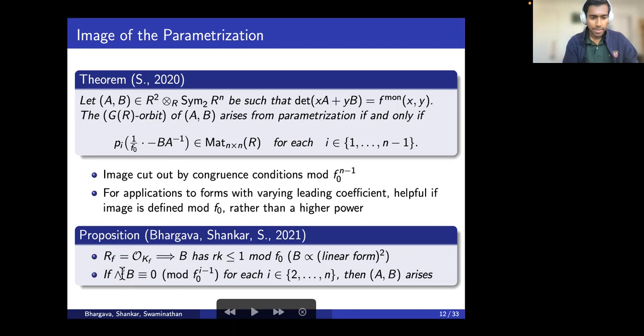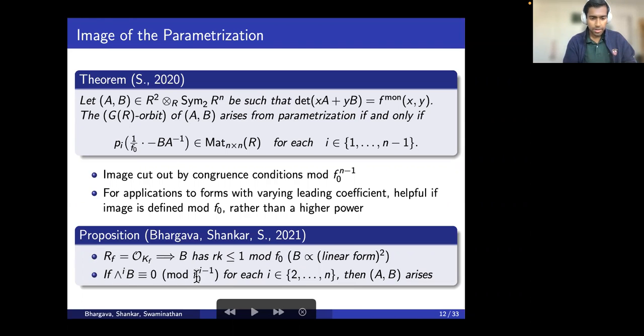And so if the i by i minors of B are all divisible by f naught to the i minus 1, if this condition is satisfied for each i from 2 up to n, then all of these conditions are satisfied, and so the pair A comma B will arise. So these pi conditions are very closely approximated by just saying that the i by i minors of B are congruent to 0 mod f naught to the i minus 1 for each i.